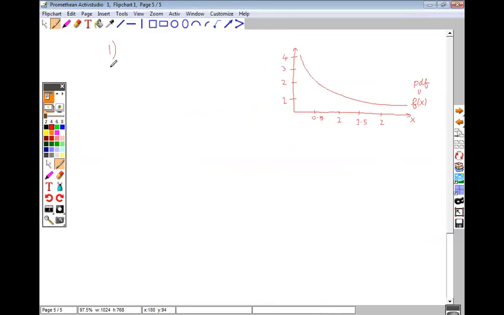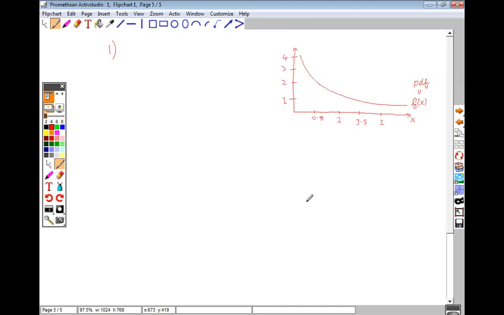Again, remember what we are measuring here. What we are measuring is the number of cars. The number of cars passing is the event that we are considering, and the unit of time is hours. So when I'm talking about 0.5 hours, it actually means 30 minutes.